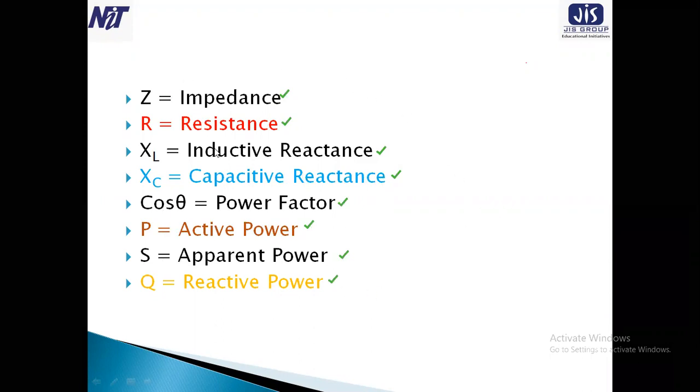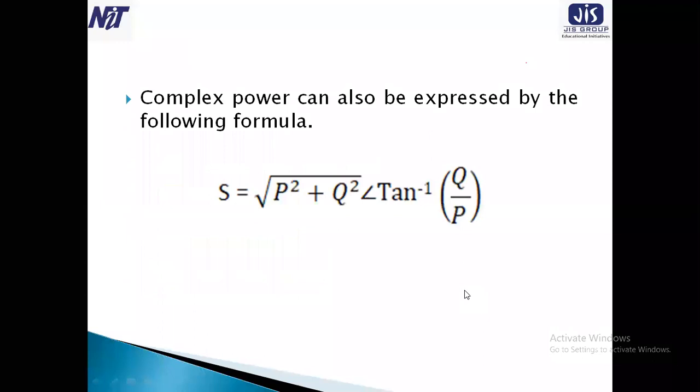So the meaning of all the terms is clear here. In my previous lecture, I already explained what inductive reactance and capacitive reactance are and how they are calculated. Please go through that lecture if you want to clear your concept more. If you have any doubt, please follow those lectures. It will be clear to all of you.